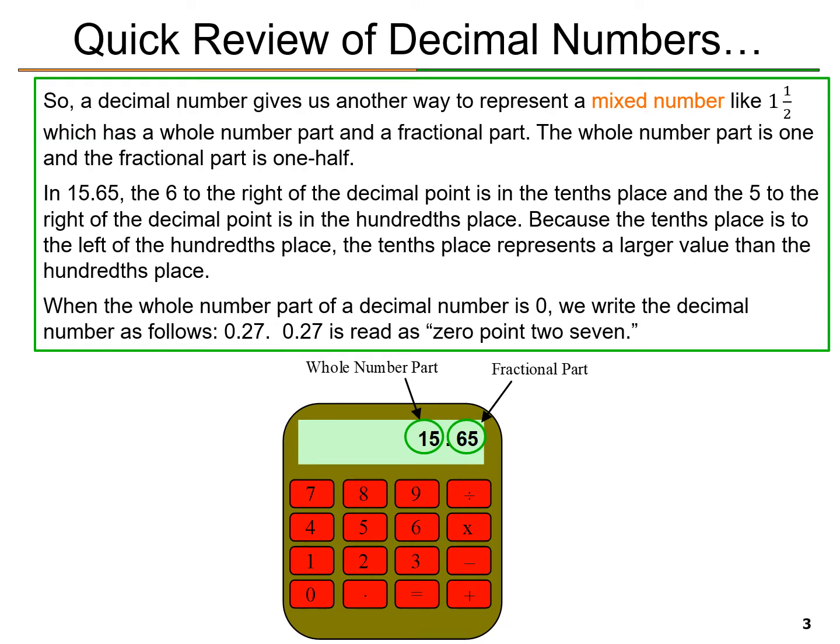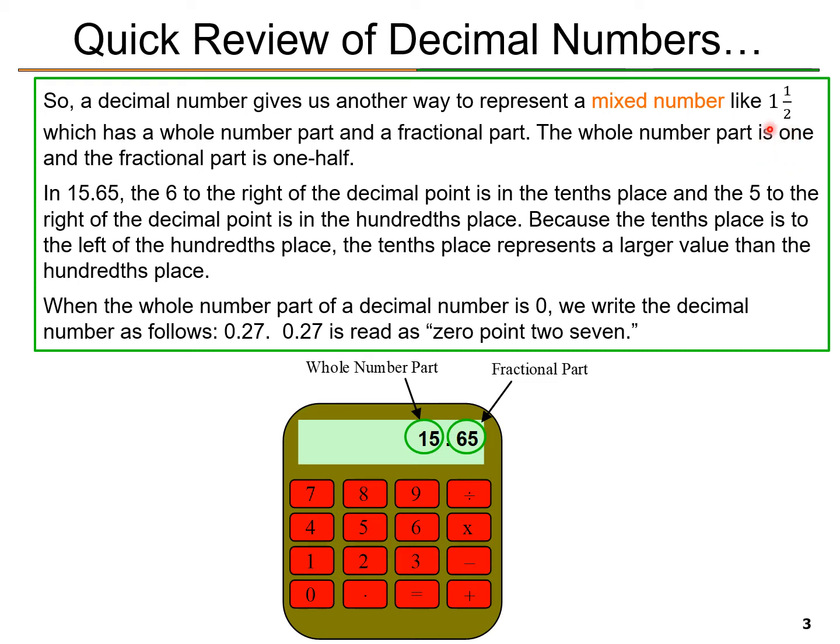So a decimal number basically gives us another way to represent a mixed number like 1 and 1/2, which has a whole number part and a fractional part.